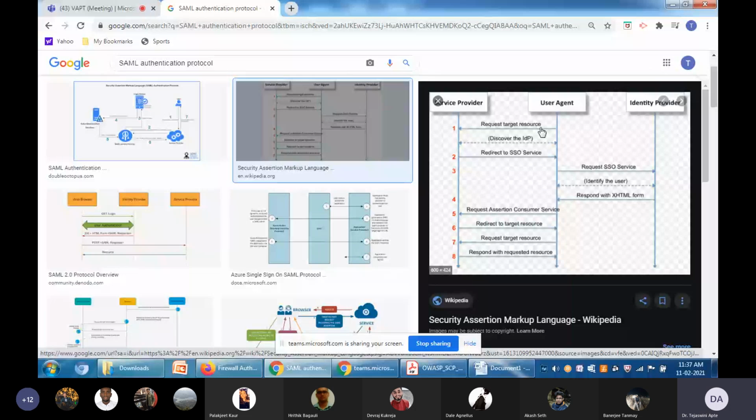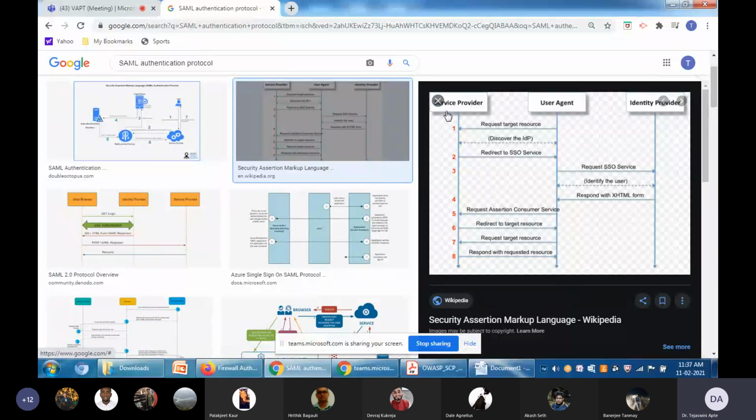In that sense, what is going to happen? Google is going to work as a service provider at your end. What do you mean by service provider? Service provider means you are giving the credentials to authenticate that particular user.